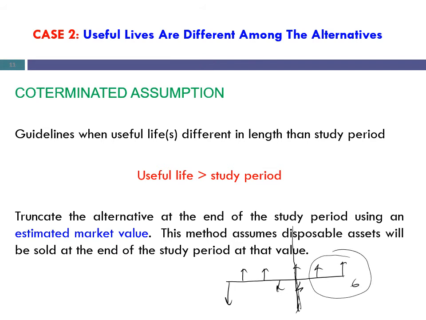We estimate the market value of this project at time 4, and usually the estimation of the market value is finding the present worth of all the remaining cash flows at the end of this time. This method assumes disposable assets will be sold at the end of the study period at that value.